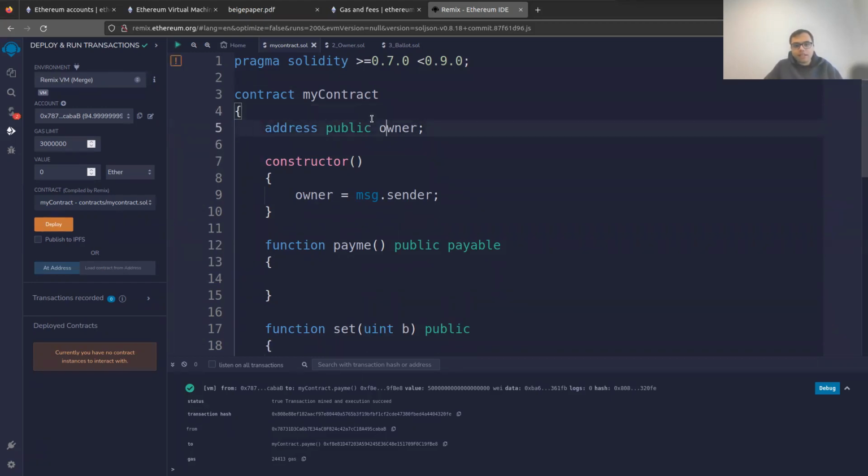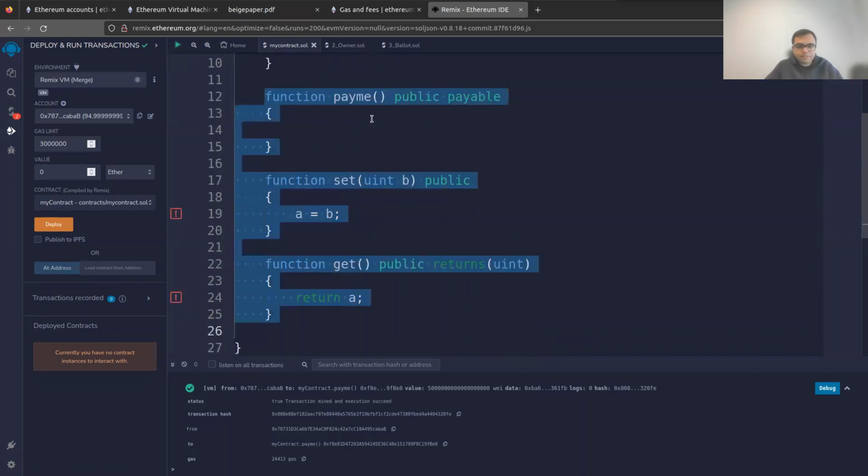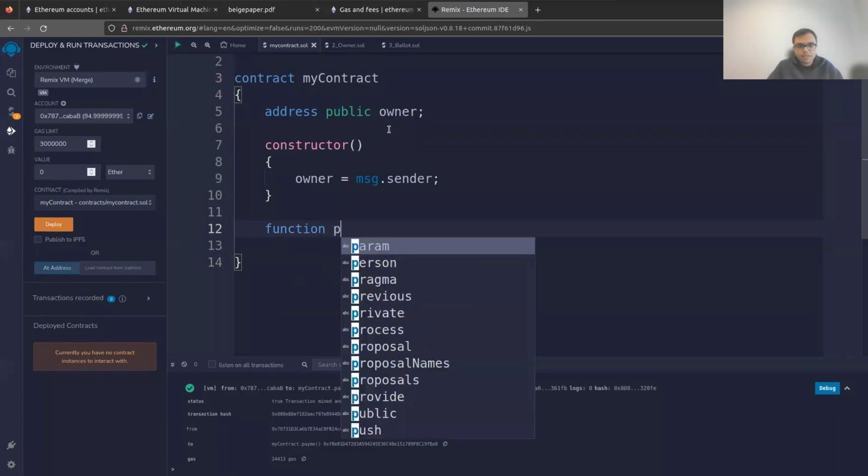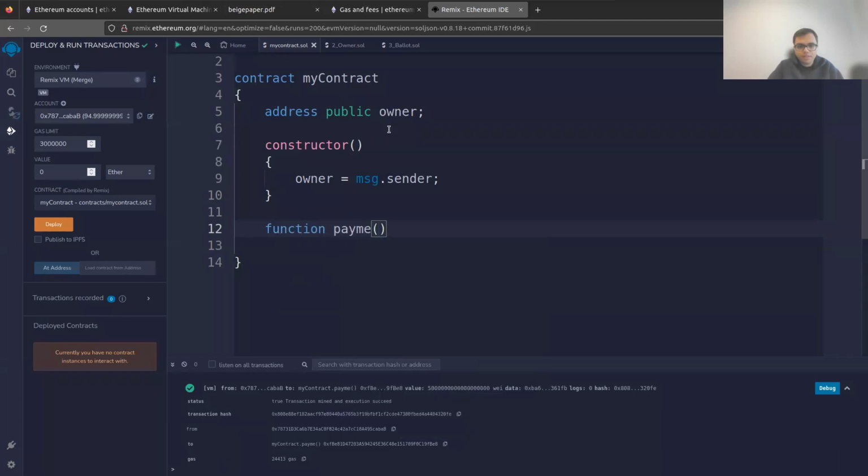Let's say I have an address of the owner, and my constructor just sets the owner to whoever is deploying this. And then I will have a function. I call this pay me. And this function is public and it's payable, so anyone can call it. You just pay the contract, it doesn't do anything at the moment.